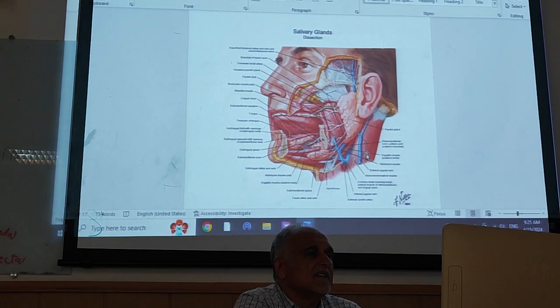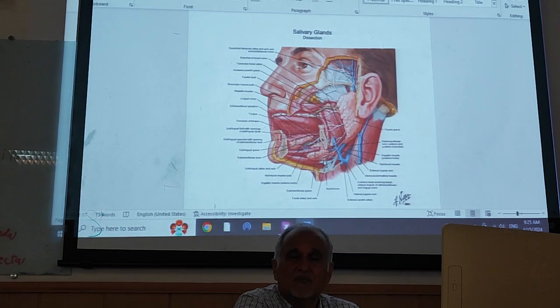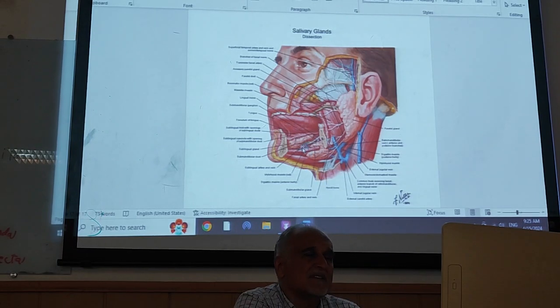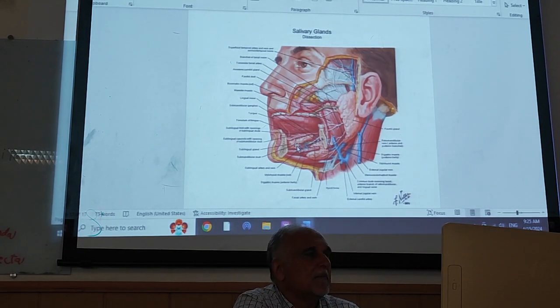Now, this slide shows all of these together. I mean, parotid, submandibular, and mylohyoid, which divides the submandibular into two parts, deep and superficial, and again sublingual. All the ducts open under the tongue. And this green one is the duct of the submandibular.